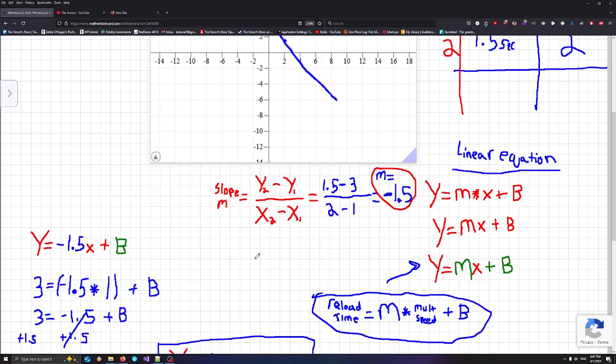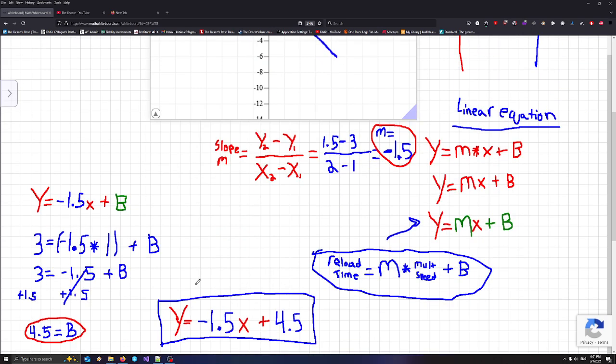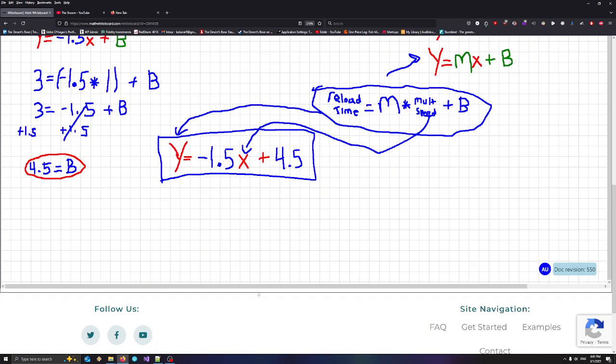And that's what you get here. So you can check the equation to see if it makes sense. So now, going back to over here with reload time is equal to y, and multiplication speed is equal to x.